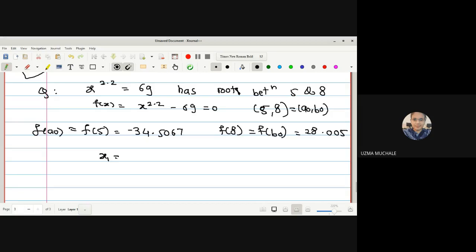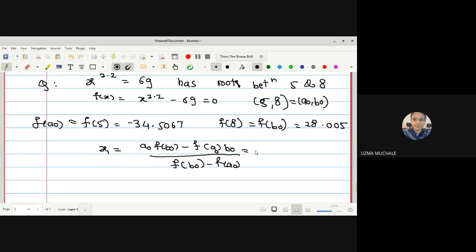Now let us directly find out the value of x1, which is equal to a naught f of b naught minus f of a naught into b naught, divided by f of b naught minus f of a naught.